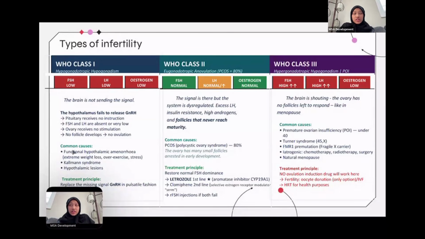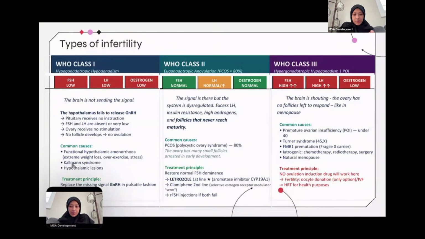It can be functional, so someone who exercises a lot, for example, or lost a lot of weight. It affects their hypothalamus in that it suppresses the gonadotropin releasing hormone and causes things like amenorrhea, which is absence of a menstrual cycle, and so on. Because of that overall stress on the body, it's not going to release enough of that.